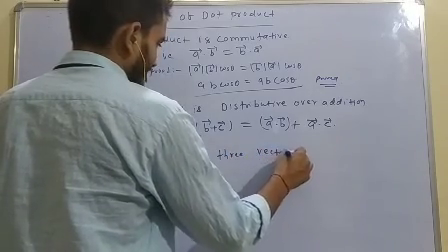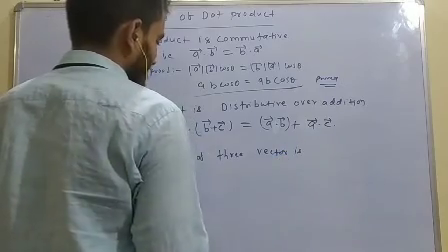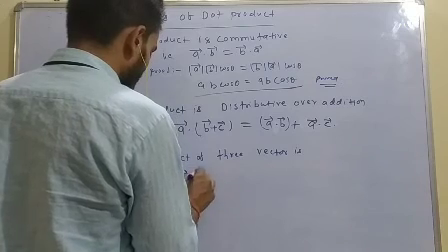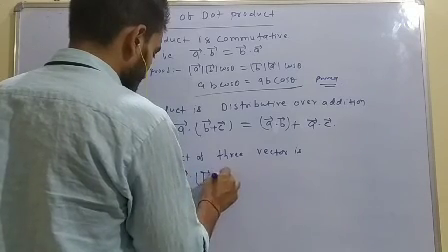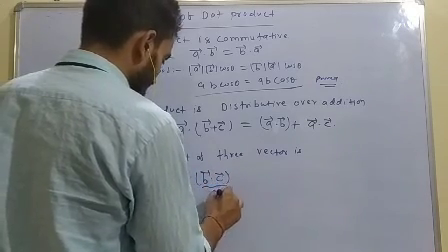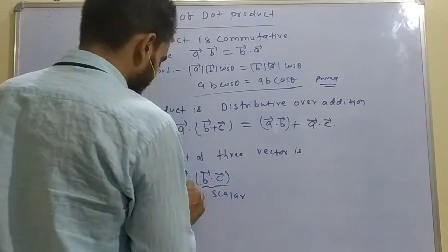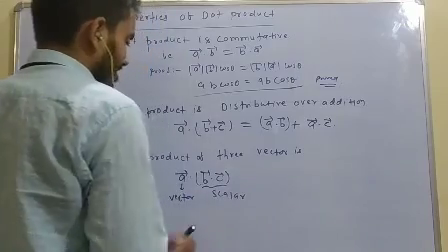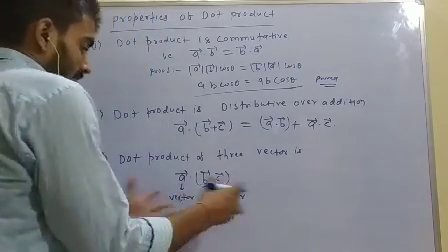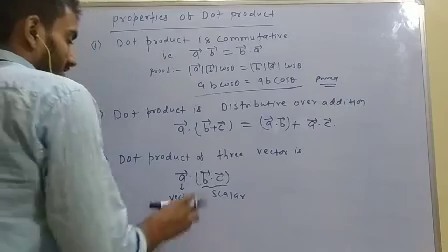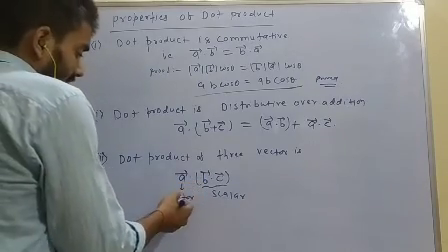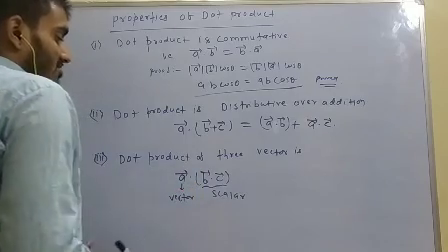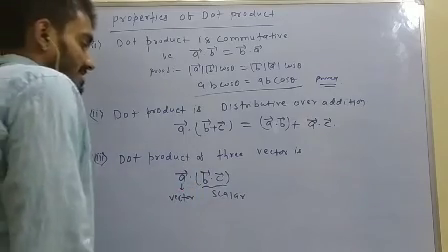A dot B dot C: this is a scalar and this is a vector. Then, when we multiply a vector by a scalar, the meaning of dot and cross is not valid.